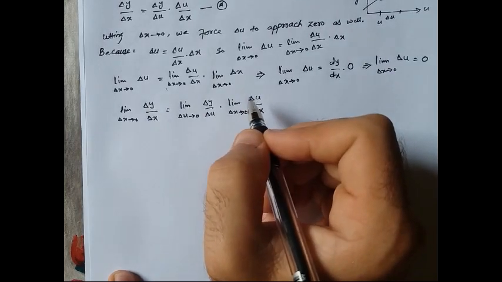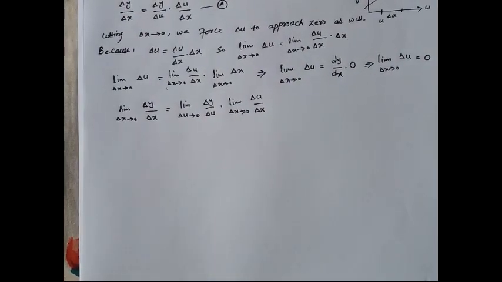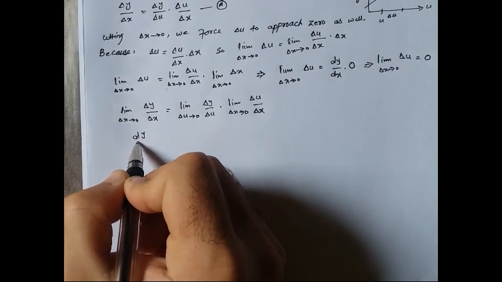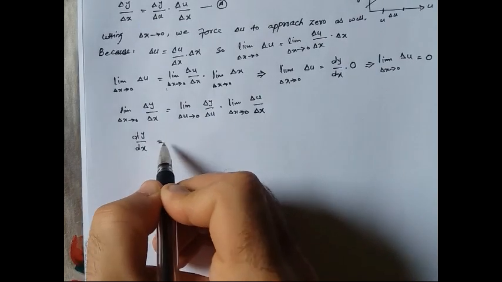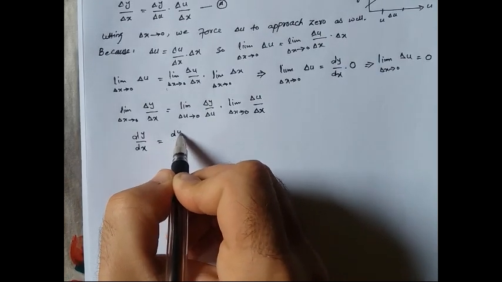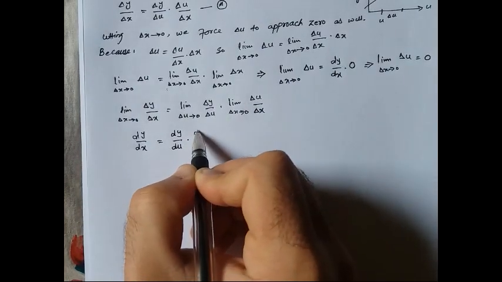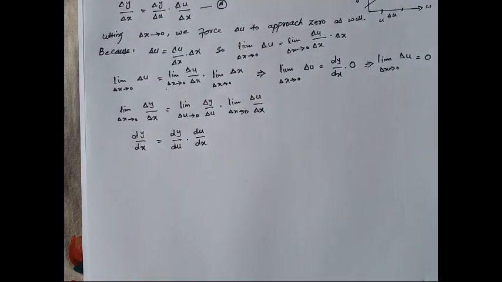So applying all these limits, we have dy by dx is equal to dy by du multiplied by du by dx, which is the chain rule for two functions.